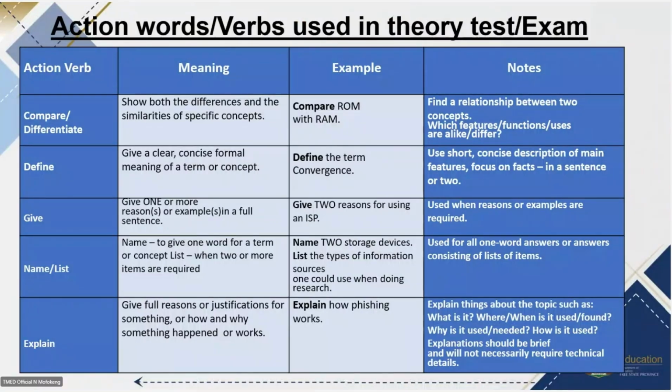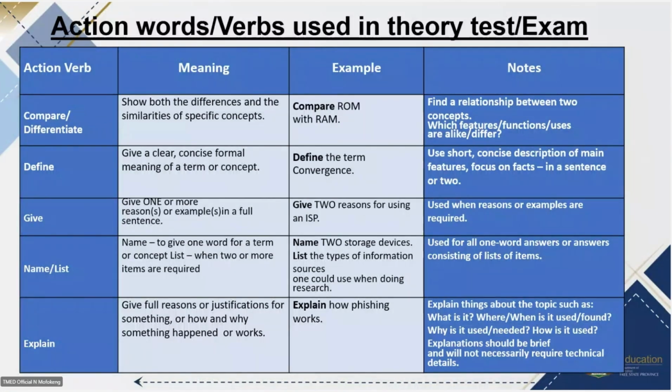Right. Now, your question paper will always have action words or action verbs that are used in the theory test or examination, which are not limited to the following. The action verb, you might have compare or differentiate. It means that on this type of question, you show both the differences and the similarities of the specific concept.